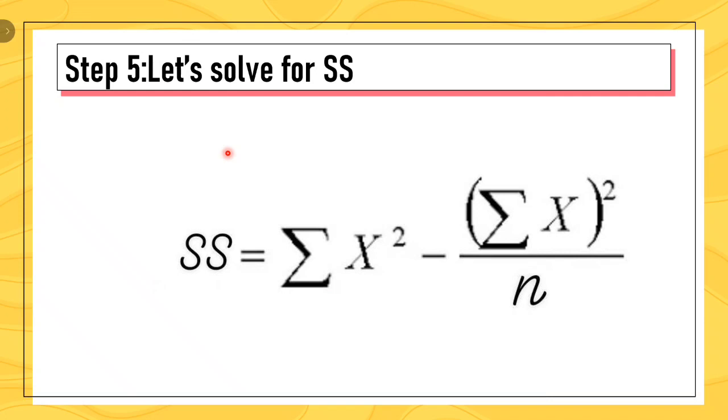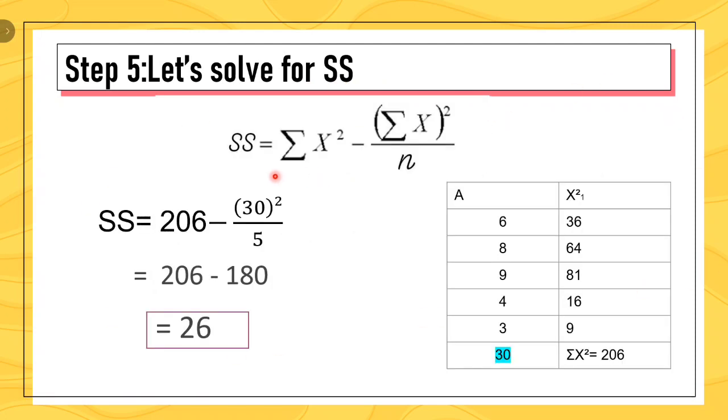For step 5, let us solve for the SS. Here is the formula we are going to use. With the use of our formula, we ended up with 206 minus 180 is equal to 26.